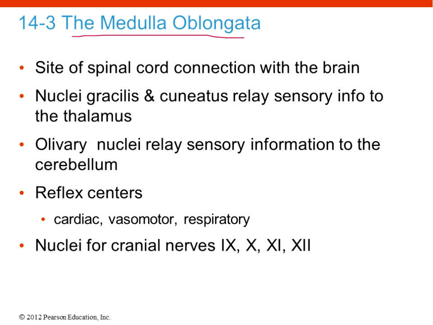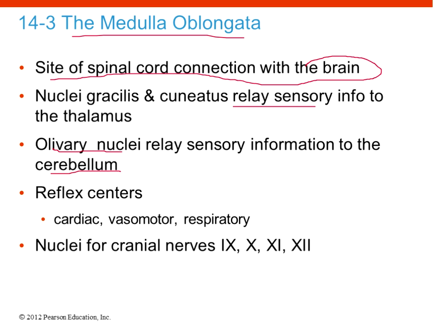All right, so the medulla oblongata, the first part we want to look at. This is the site, as I said, of spinal cord connection with the brain. It's a relay station, so the nuclei of the medulla are going to be dedicated to relaying sensory information up to the thalamus, which we'll talk about a little bit later.